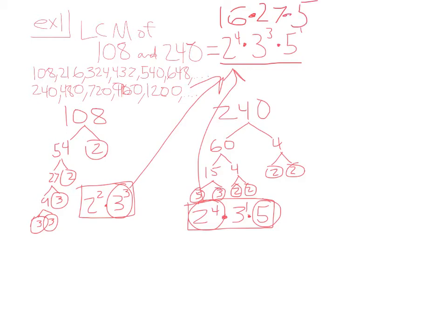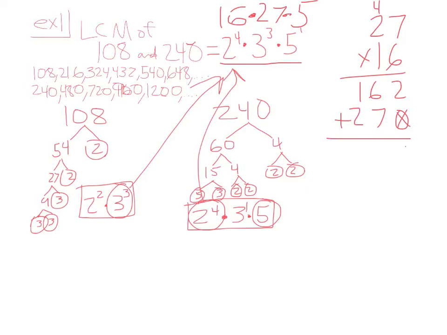So this turns into a little bit longer sometimes, but this is how we get our answer. So now we have 16 times 27 times 5. So let's do that now. 16 times 27, so 432. Now we're going to times that by 5.